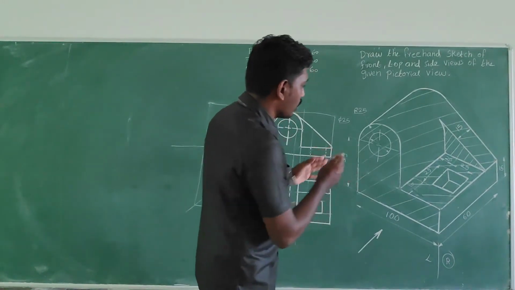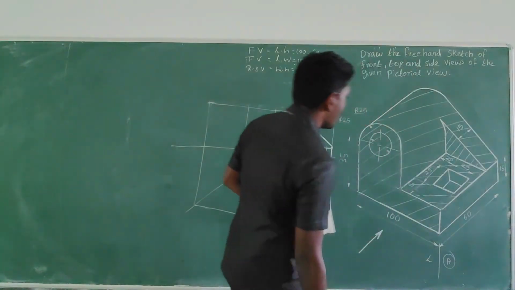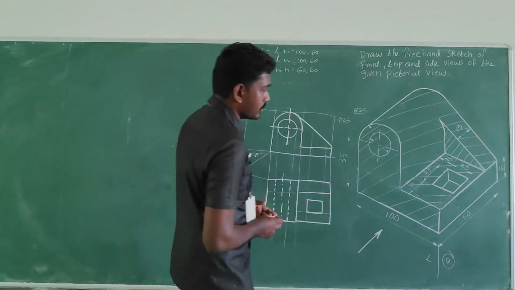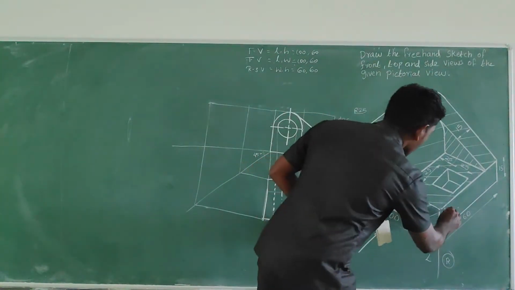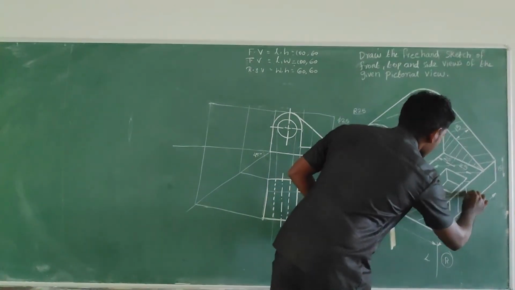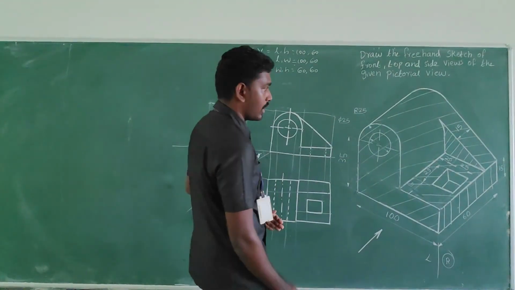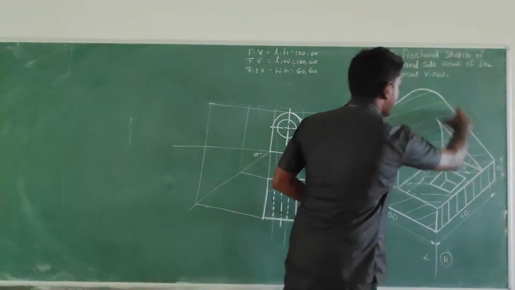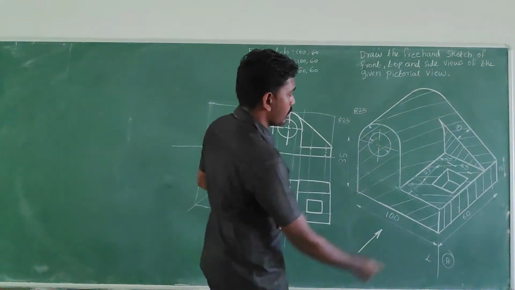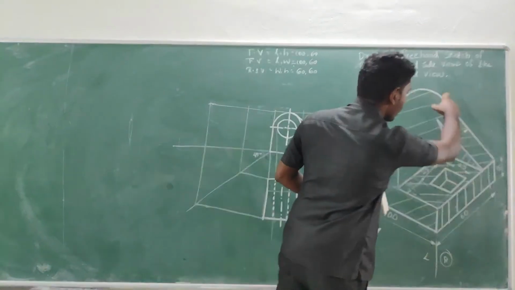So if you have a look at the right side view, if you see the object, I can say in the base, this end face will be visible as well. The top face of the vertical wall will be visible.